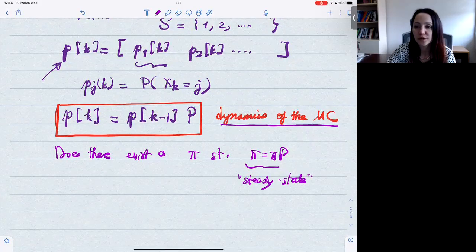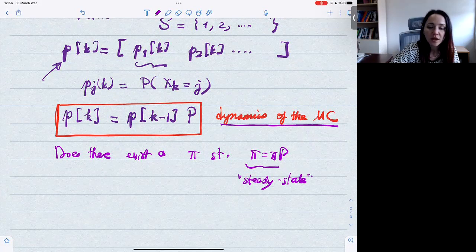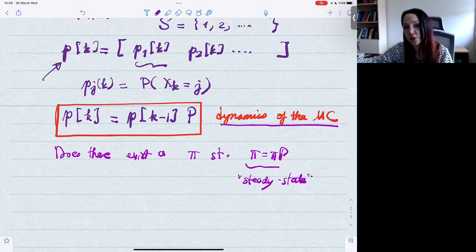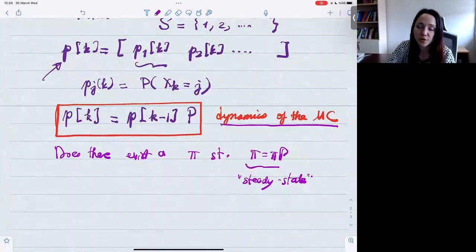Because, for example, if there are two states, and I'm in state 1 with probability 1/3 and in state 2 with probability 2/3, and if I apply pi times P, I find again 1/3, 2/3. This means that in the next time step, I am again in state 1 with probability 1/3, state 2 with probability 2/3.